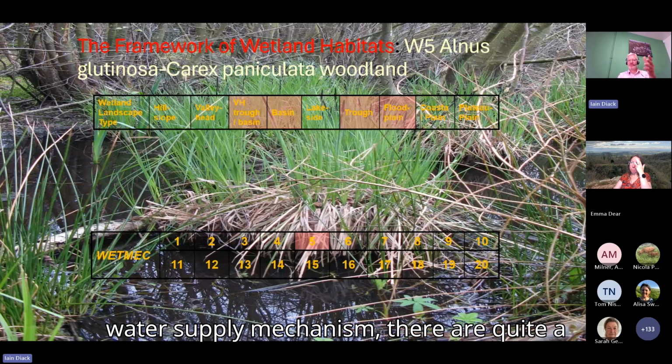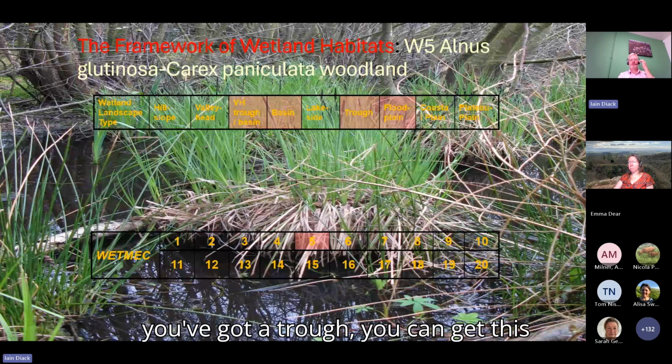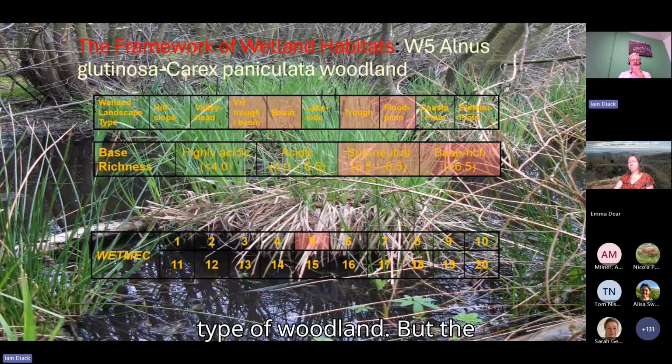Water supply mechanism, there are quite a few of them, just ignore that. As long as you've got a trough, you can get this type of woodland. But the base richness is very important. In establishing this, it tends to be in base rich and subneutral, not in acidic conditions.